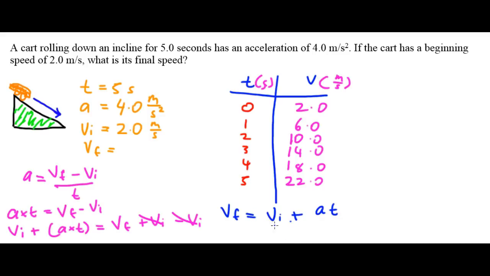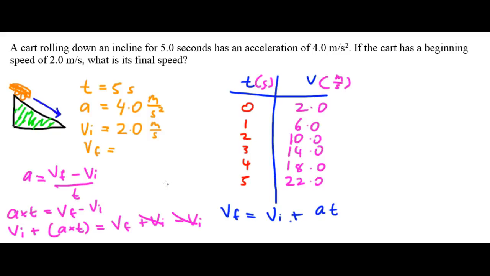So 16 plus 2 is 18. How about at 2 seconds? We were initially going at 2 meters per second, and then we are accelerating at 4 meters per second. So 4 times 2 is 8. Add 2 to that is 10.